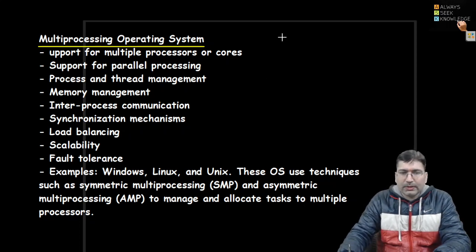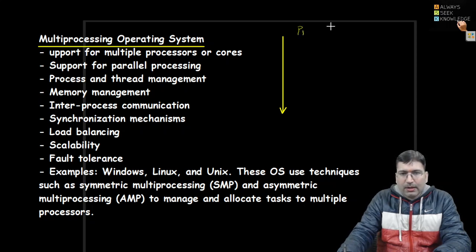So within a time frame, let's say I'm considering again, this is the timeline which is increasing downwards. There are processes P1 and another process, let's say P2. At the same point in time, more than one process can be active in the system.